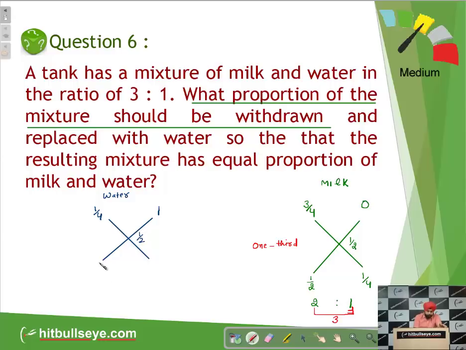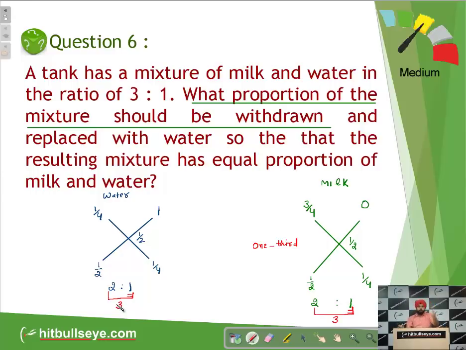Take the difference, and the ratio that you generate is 2:1. Again, students, this one portion which has been withdrawn and replaced has been initially a part of the total also.